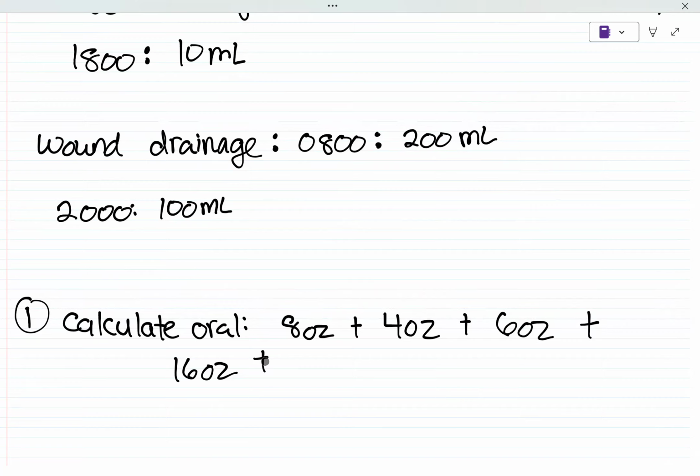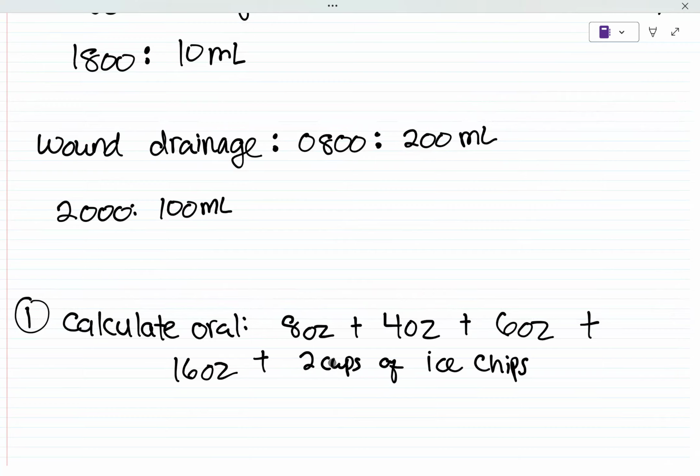So remember, we said ice chips records as half a volume. So 2 cups of ice chips is technically one half volume.